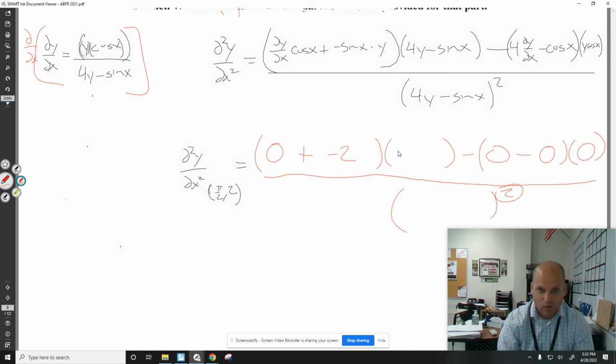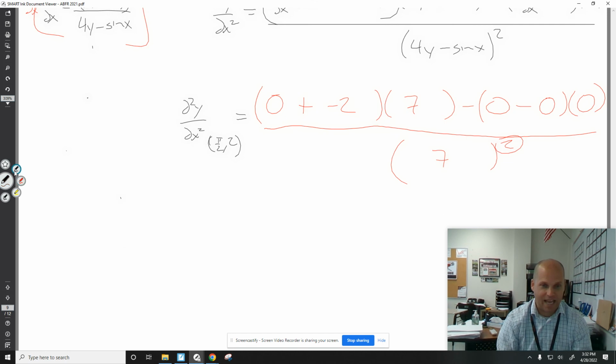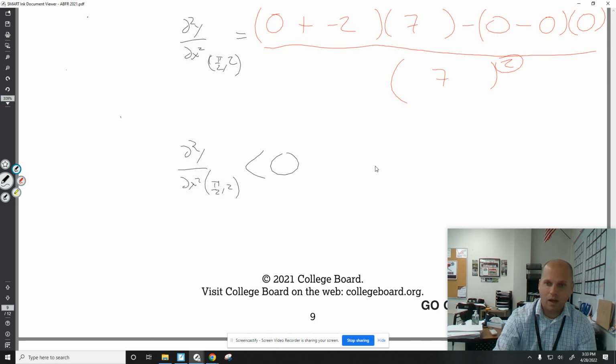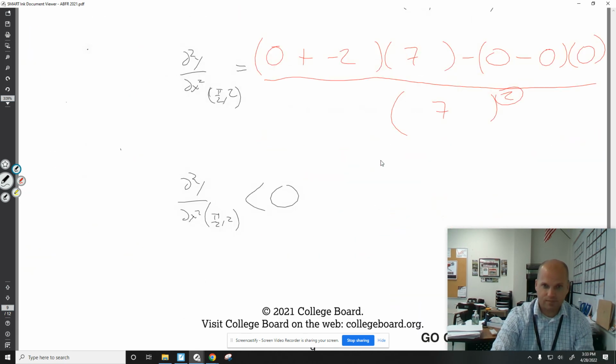I got 8 minus 1, which is 7. I got a bunch of zeros. And I have 8 minus 1 squared, so that's 7 squared. So I get negative 14 over 49. I had to do that work to figure out that the second derivative at pi over 2 is negative, concave down at a horizontal tangent, max.